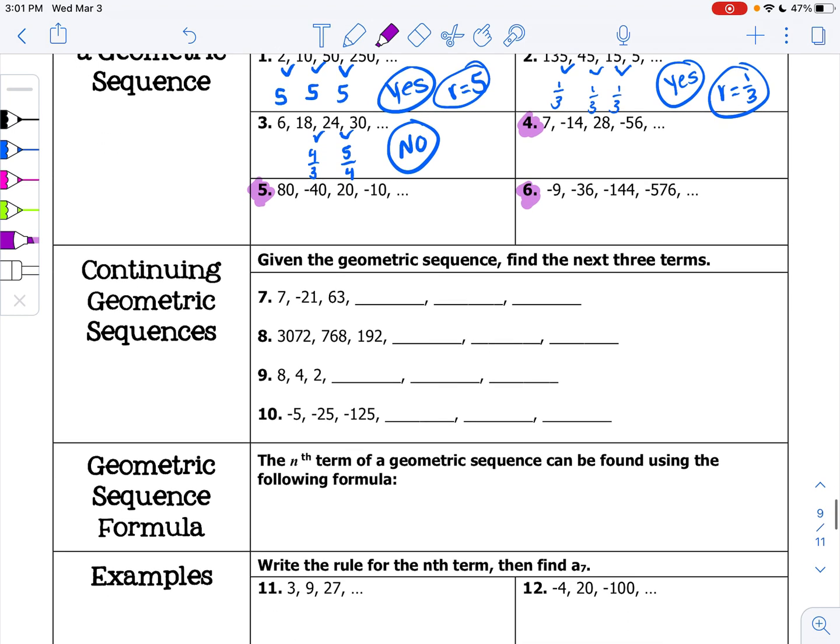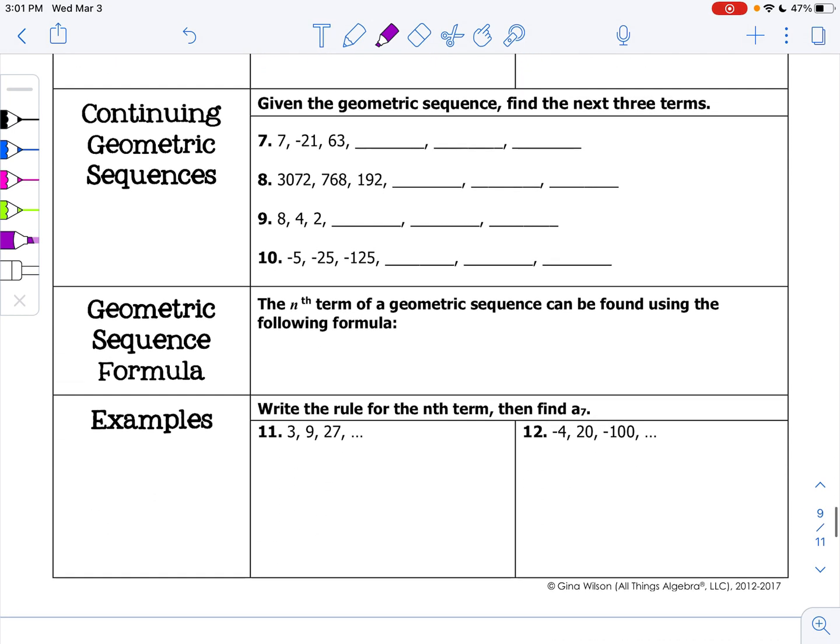And then let's take what we know so far about common ratios and continue sequences. So we know these are geometric sequences. We just want to continue it with the next 3 terms. So we still want to find that common ratio because that common ratio is going to help us find our next term.